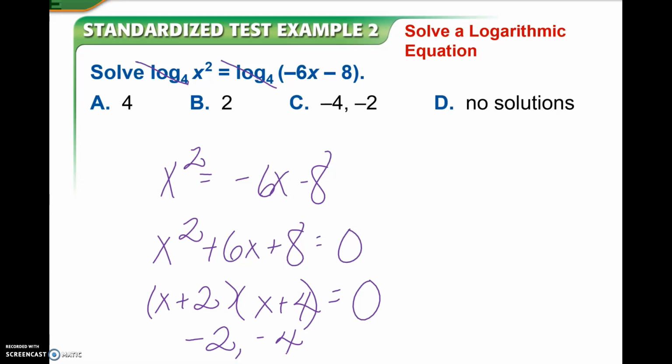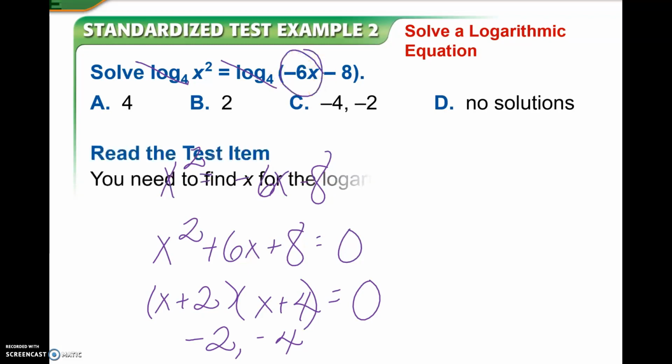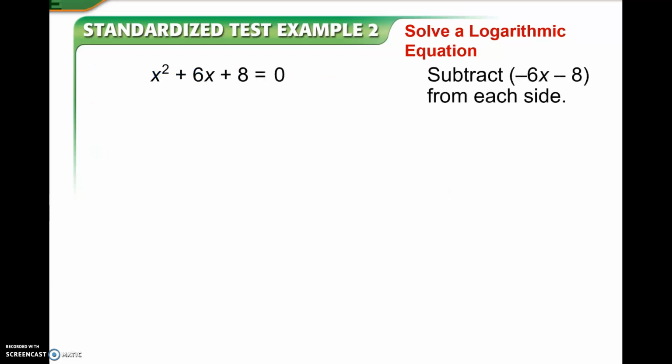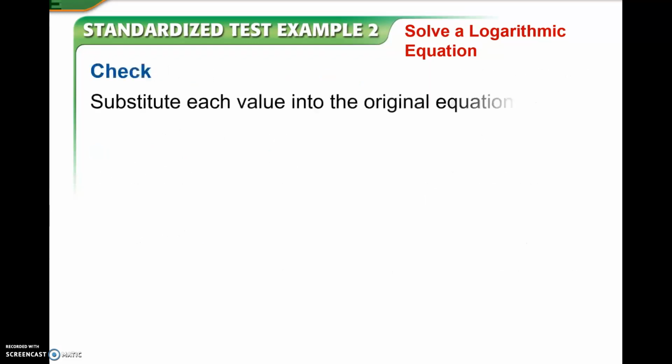We can't have the log of a negative, so we want to make sure, like here, if I plug in these negatives, I get squared. If I plug in these here, this becomes positive, so I won't have any negatives left over. So that would be our two answers, negative 2 and negative 4.